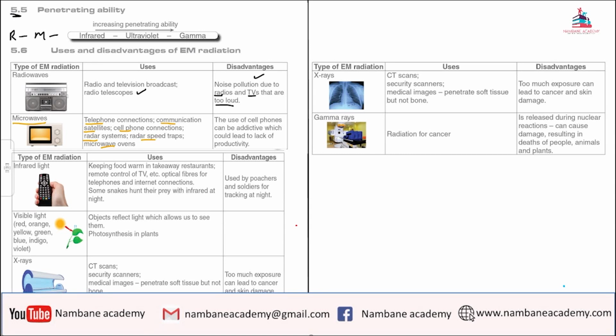So when we start communicating, and this call that we are in this meeting, it is broadcasting because of what? Of the microwaves. So the microwaves, ladies and gentlemen, are there to assist with telephone connections, communication satellites, cell phone connections, radar systems, and radar speed traps.